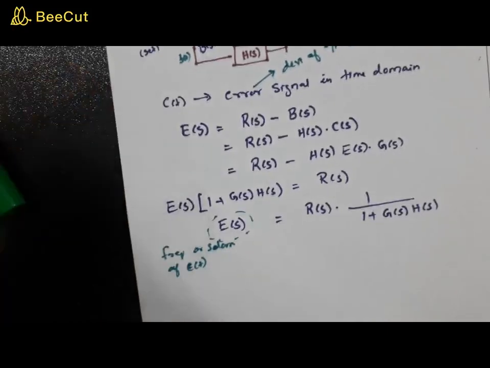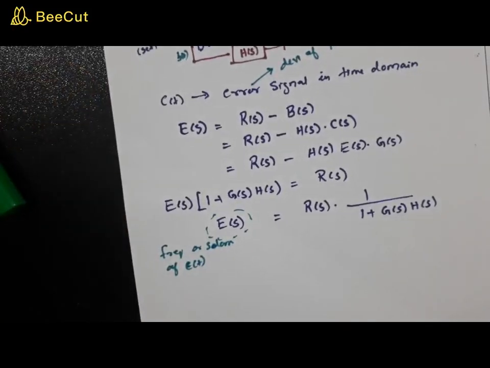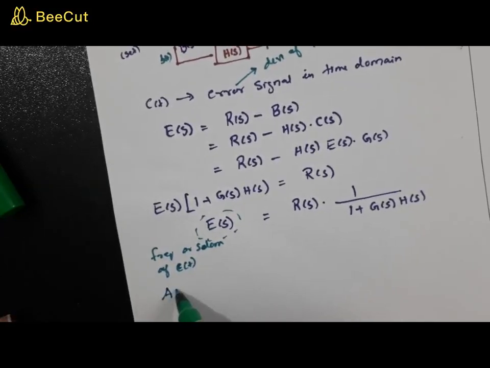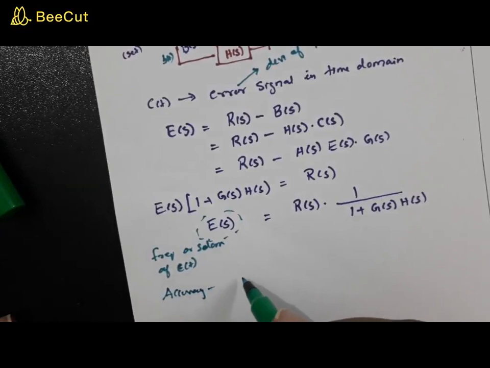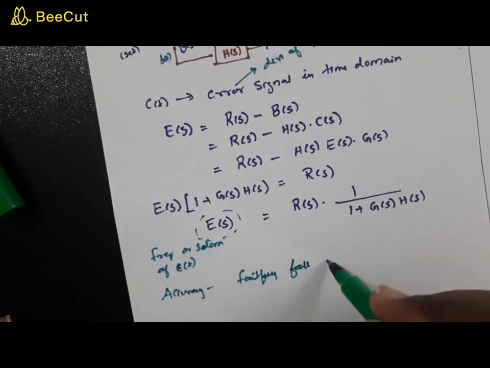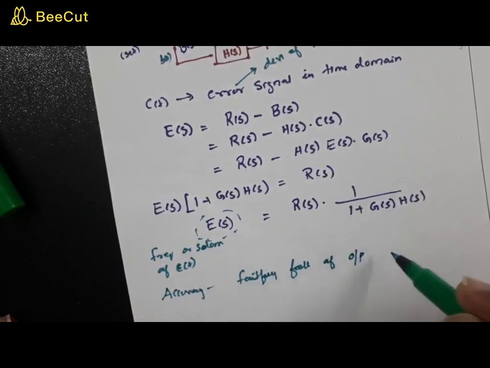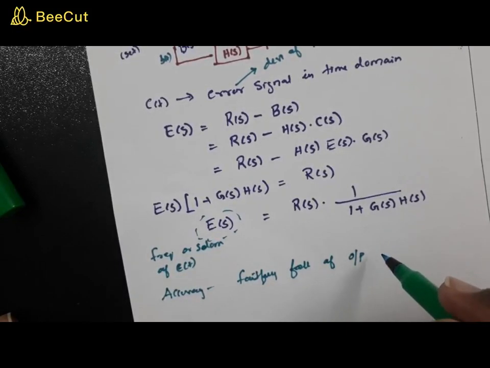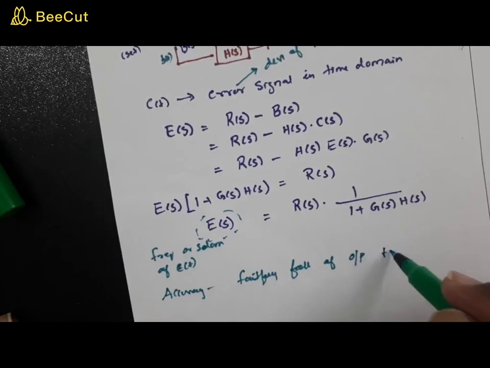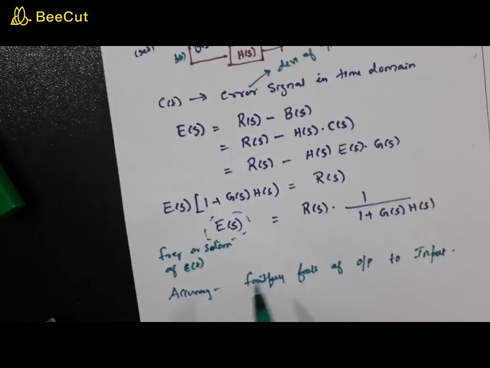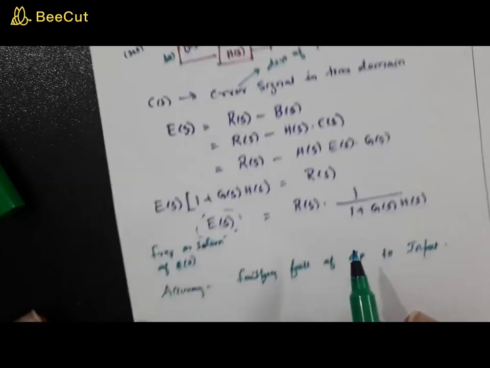Now as far as a control system is concerned, the accuracy of a control system is the faithful following of the input by the output. So this accuracy is determined by this error signal.